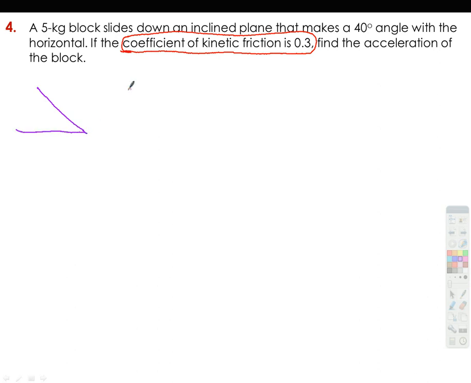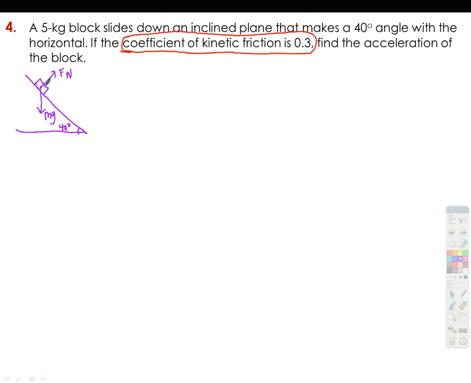So let us draw our diagram. There's a 40-degree angle, there is a mass on the incline, and there is mg, there is Fn, and there's a friction.